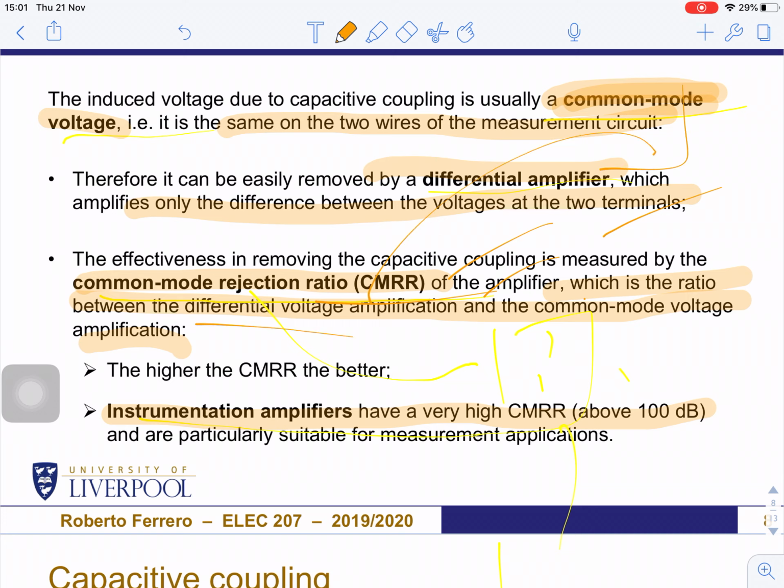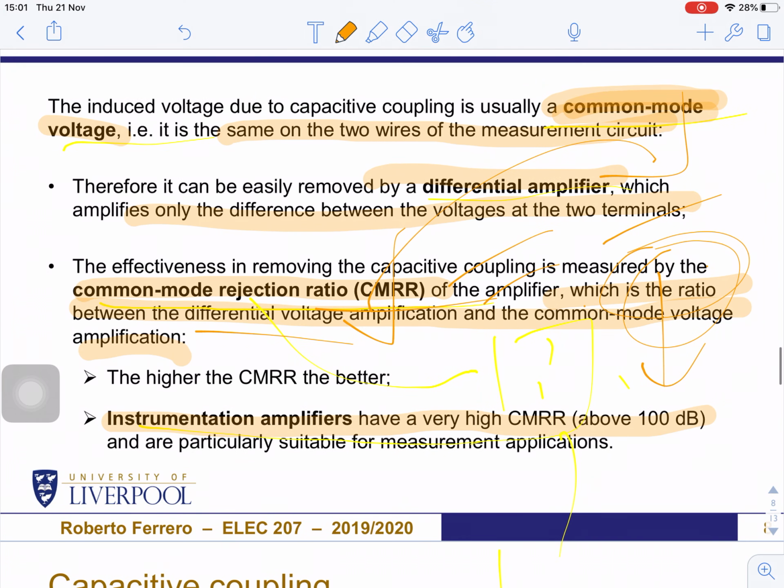This is the thing that we measured, and this is the thing that we want. If we know the ratio, we can get this one. And the instrumentation amplifier has a very high CMRR. This is very good because this is very low and this is very high, then the ratio is very high.